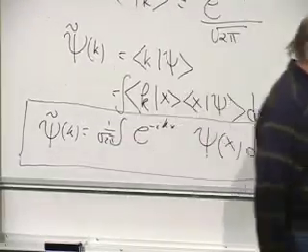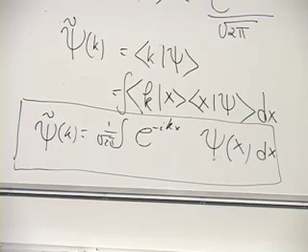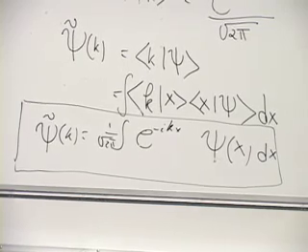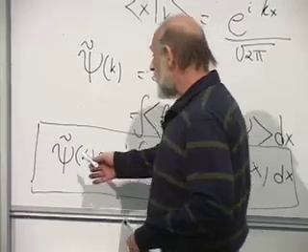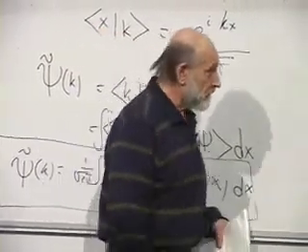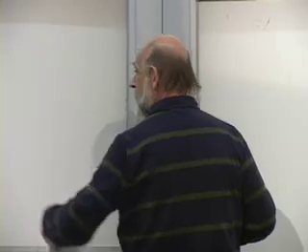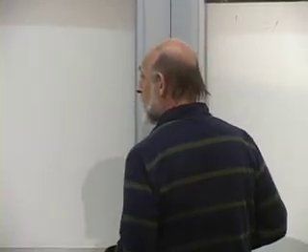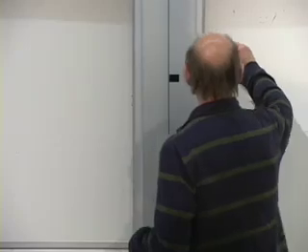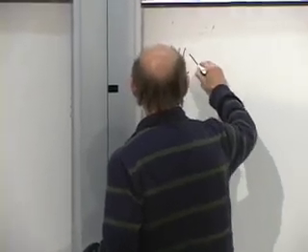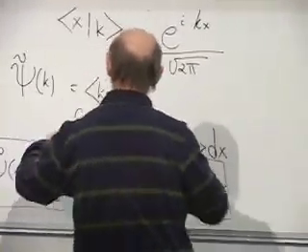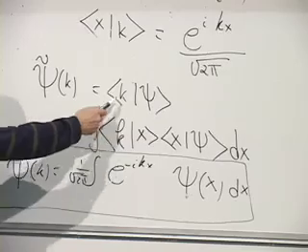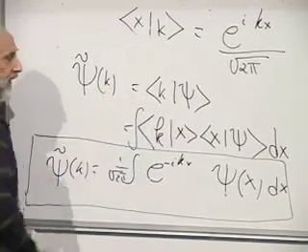You can go in the other direction. You can do exactly the same thing to relate the position space wave function to the momentum space wave function. You go through exactly the same operation, or almost exactly the same operation. Let's see if we can do it. What we write is that psi of x, I'm taking this pattern that we have here, but interchanging x and k.